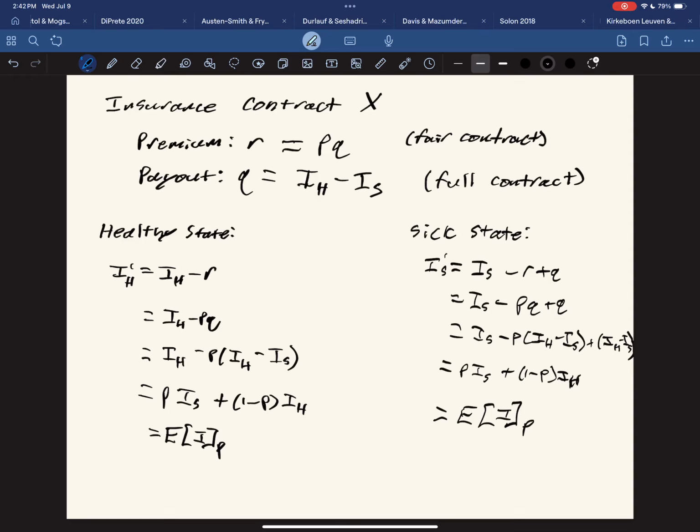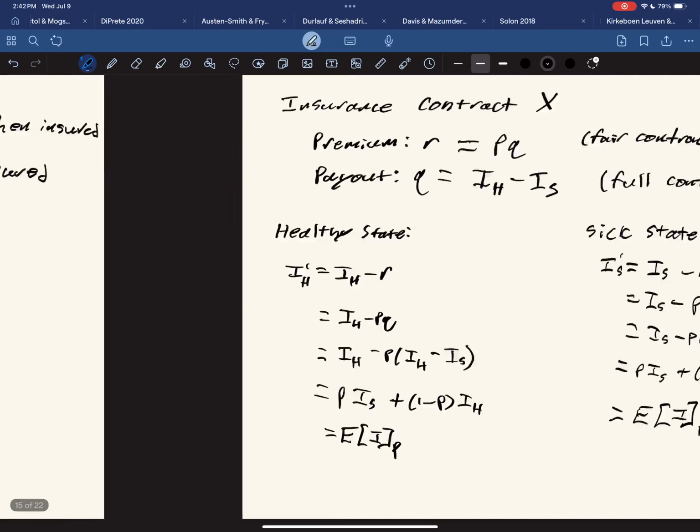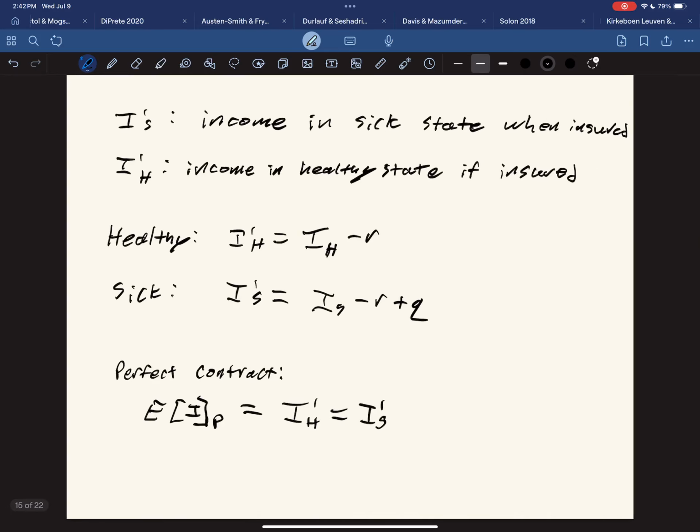That's the ideal, perfect contract, where my expected value is equal to my insured income in the healthy state, which is equal to my insured income in the sick state. So that's ideal. So what about fair and unfair? There are two sort of definitions of fairness in insurance.